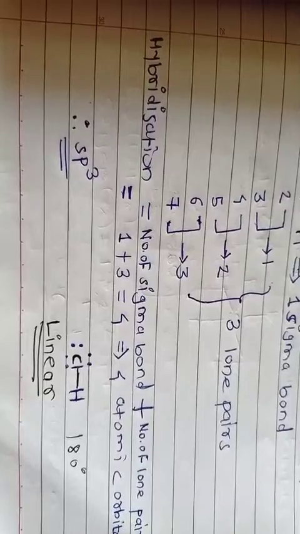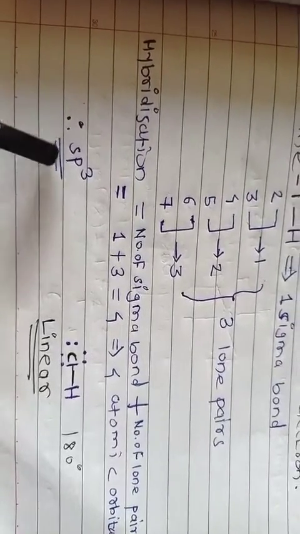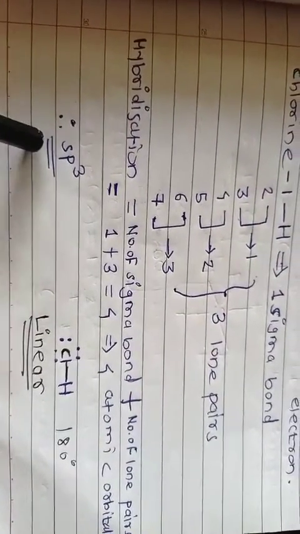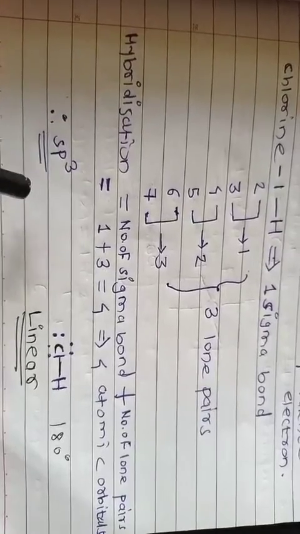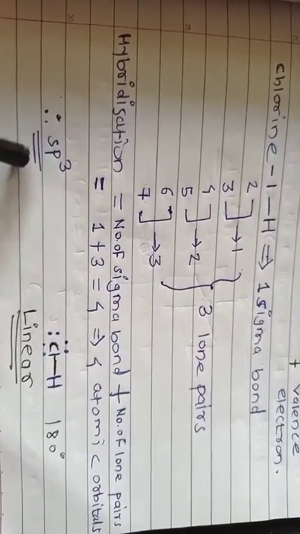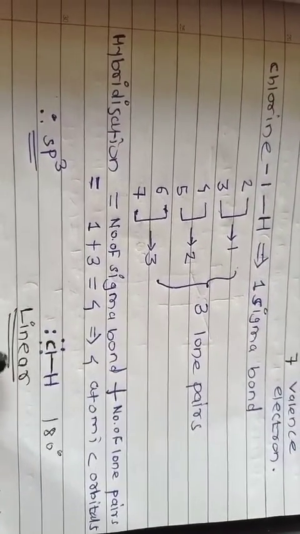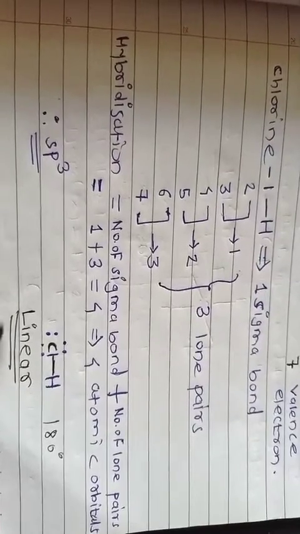With 4 atomic orbitals, the hybridization is sp3, meaning 1 s and 3 p equal to 4 atomic orbitals. And the geometry of the HCl structure is linear.